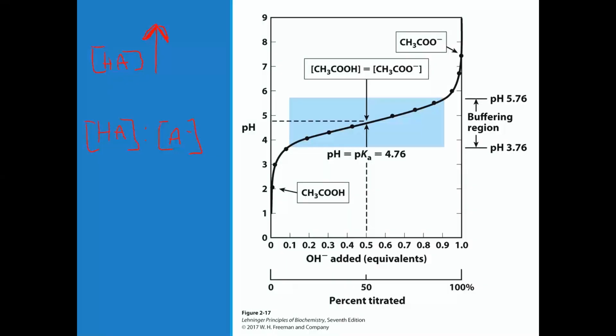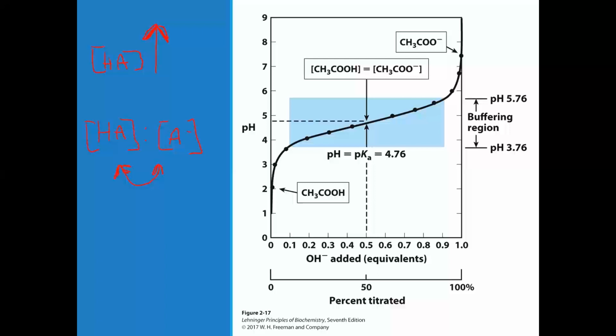Why do we want this? Why does this make for a good buffer area? At this point, when you have a pretty equivalent amount of HA and A minus in the system, you can easily intake any OH minuses or H pluses around that level and quickly convert between the two.